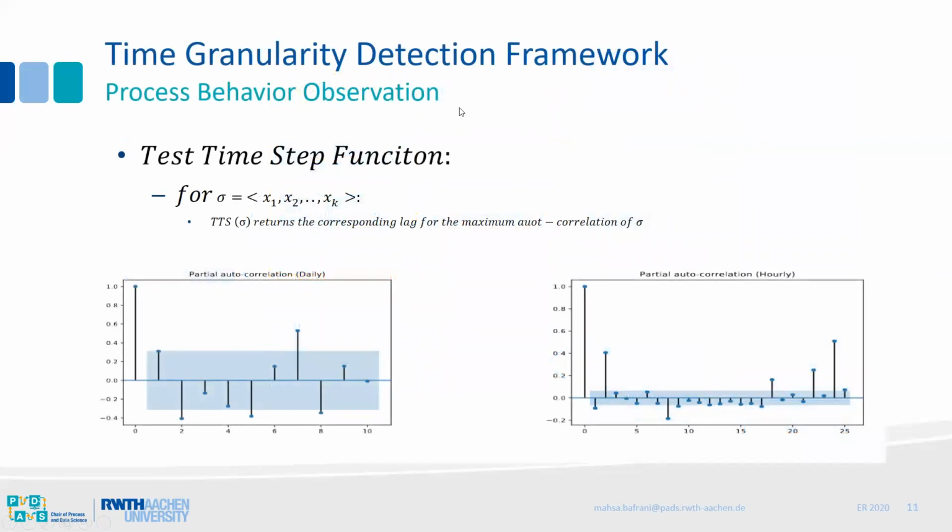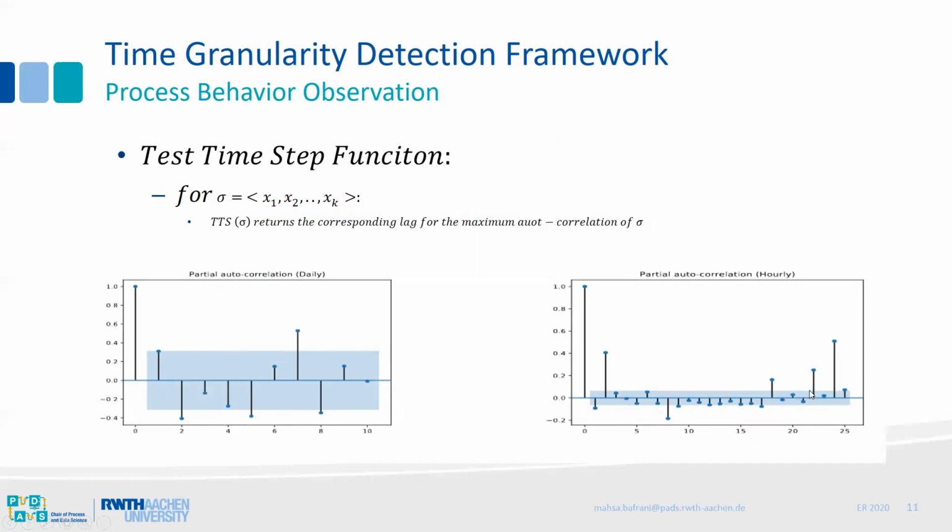For the process behavior observation, let's say we have the sigma, which includes our time series data from one of the columns of our still log, let's say the arrival rate. If we look at the example we have here, you can see that at step 7, which is day 7, we have a high partial autocorrelation, which shows that there is a strong pattern every 7 days.